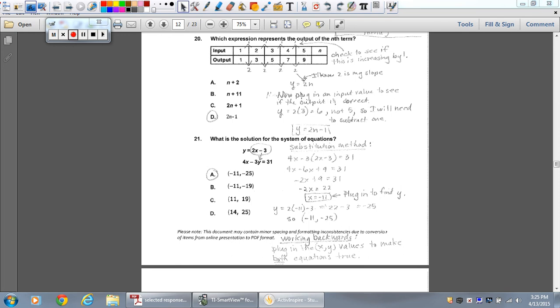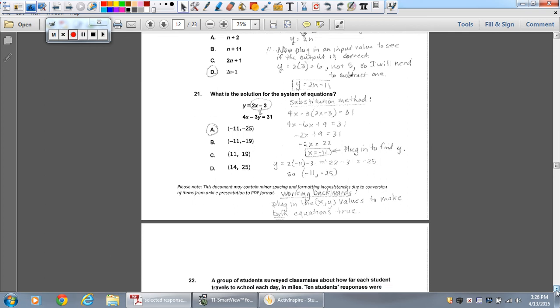So for me, I plugged in the 3, y equals 2 times 3, which is 6, but it's supposed to be 5, so I'll fix that by subtracting 1. And then I will always check that again. I'm going to go to 4. I'll plug a 4 in for n. Y equals 2 times 4, which is 8, minus 1, which is 7. So I know my expression works.